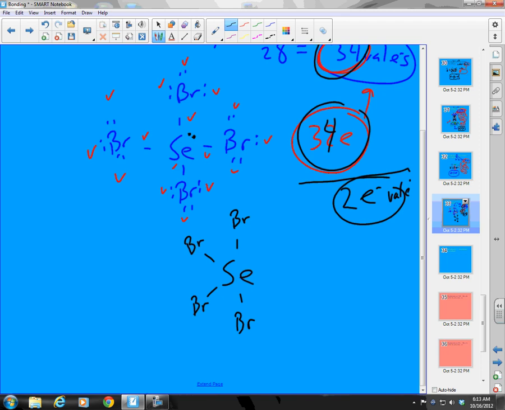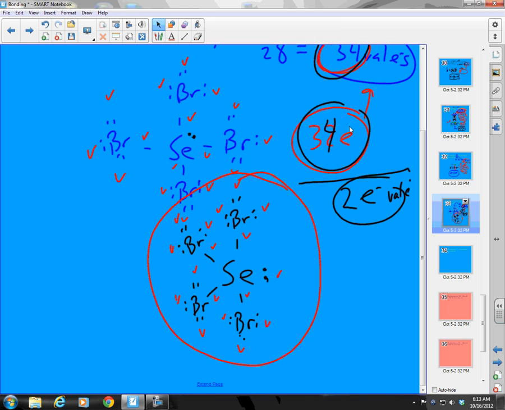You'll see later why I did it this way, but you don't have to. When we get to molecular geometry, you'll say, oh, now I know why Mr. Smith did it that way. Okay, good. So let's count. 2, 4, 6, 8, 10, 12, 14, 16, 18, 20, 22, 24, 26, 28, 30, 32, 34. And that is our beautiful Lewis structure for selenium tetrabromide.